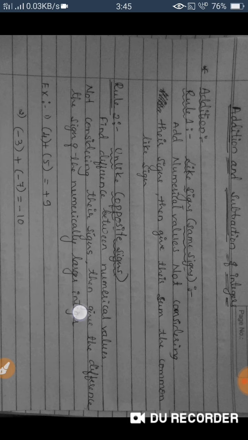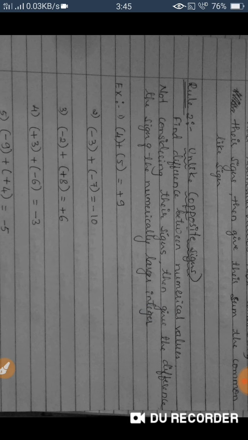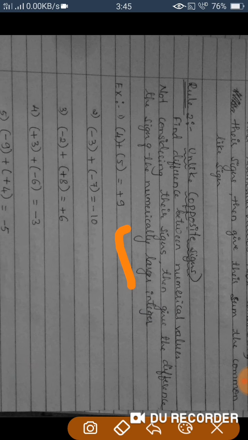So here is the example. See the example. Here 4 and 5 have the same sign. I have not mentioned any sign here, which means both are positive. So plus 4 and plus 5.